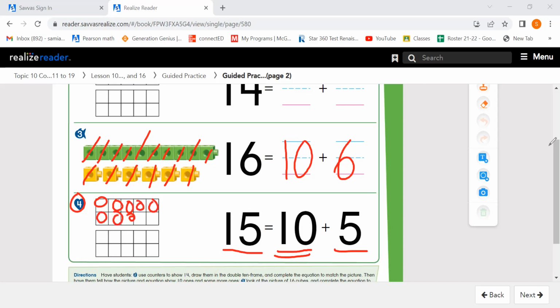I don't need to count because I know that if I fill it up, that is equal to 10. And then I'm going to add 5 counters to our second 10 frame. 1, 2, 3, 4, 5. So 15 equals 10 plus 5, and we showed that using our 10 frames.